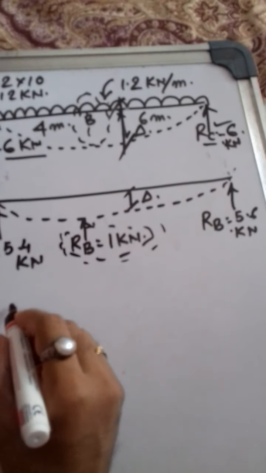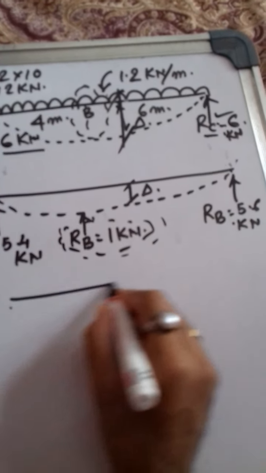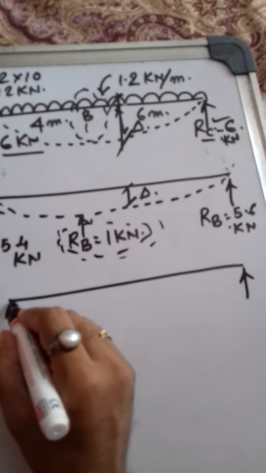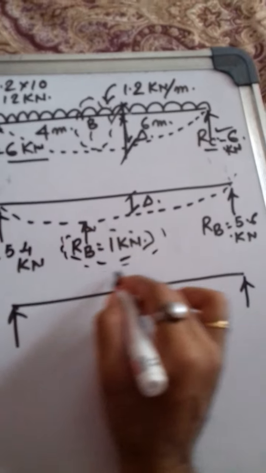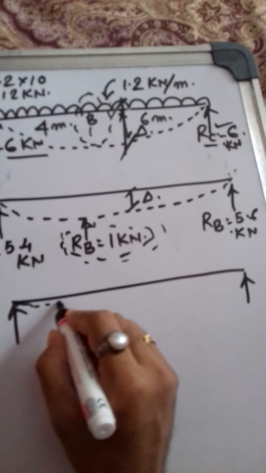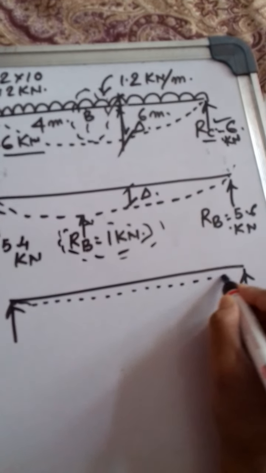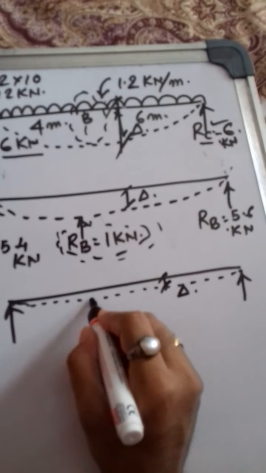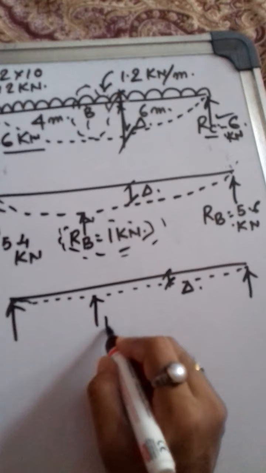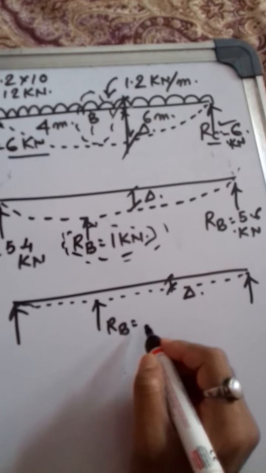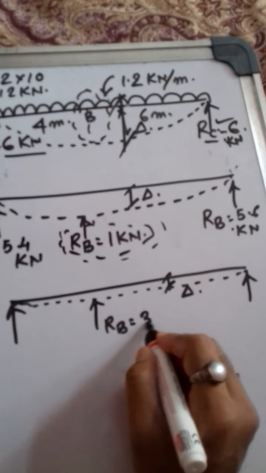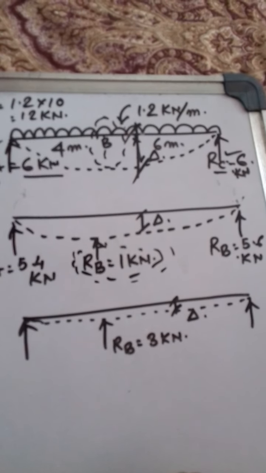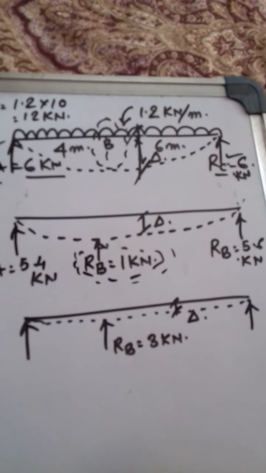Again, with the help of some computer software, we can have a different set of values. Suppose we increase the value of RB, the deflection is again less, but still not 0, some deflection is there. Suppose we increase RB to 3 kilonewton.